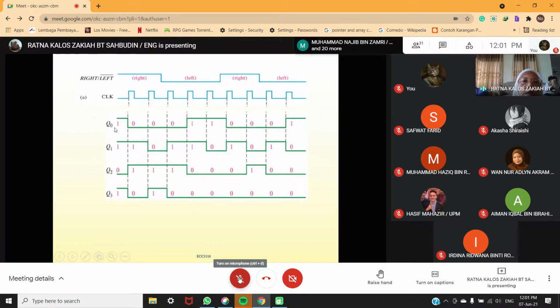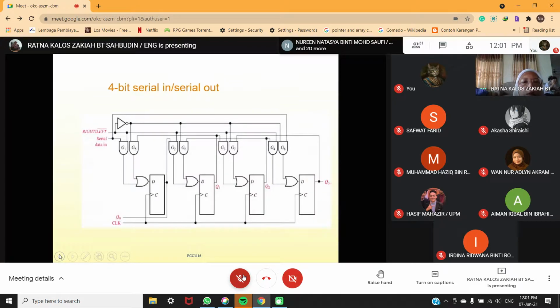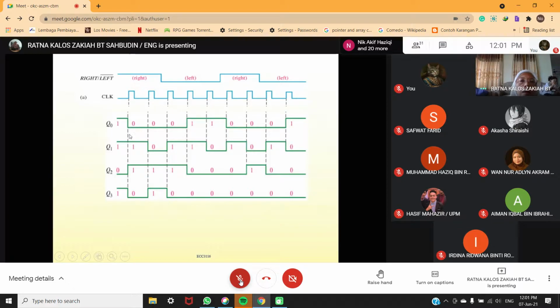Because this is serial in, you have data. Let's say you start with 1. For example, if Q0 you have 1, start with 1, and then you shift to the right.